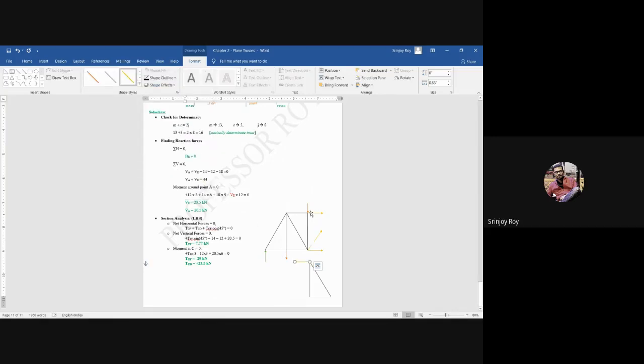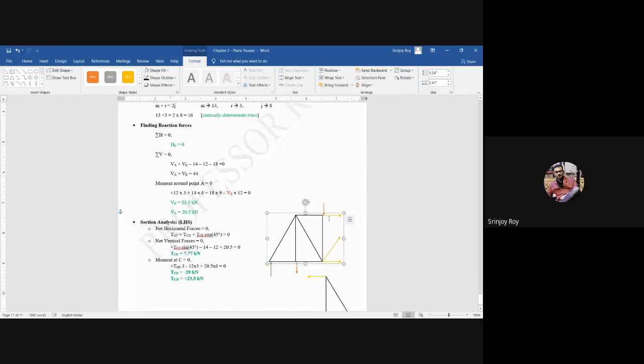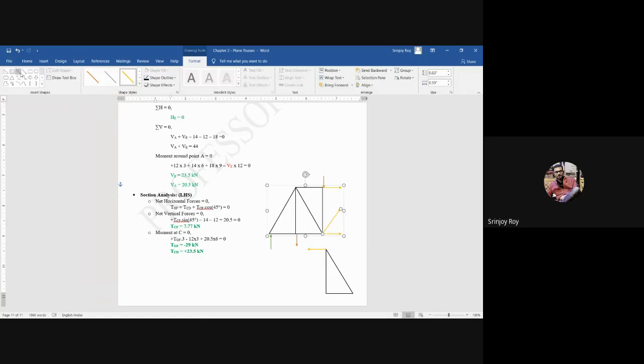That means this horizontal force, the upper horizontal force, everybody. Which direction did we take the upper horizontal force? Towards the right. So this will be towards the left, isn't it? This will also be towards the left. Same thing.